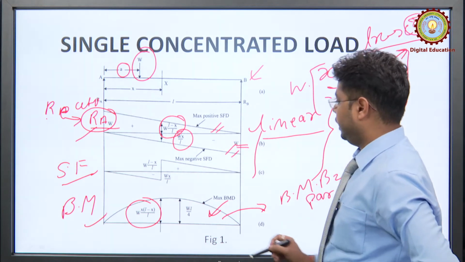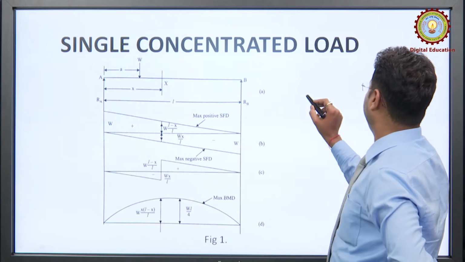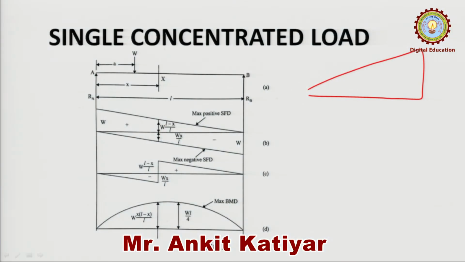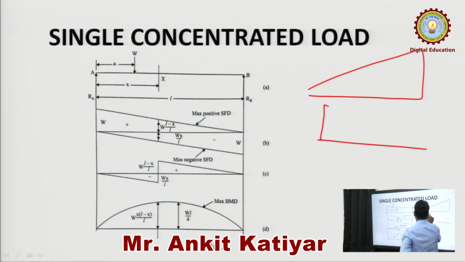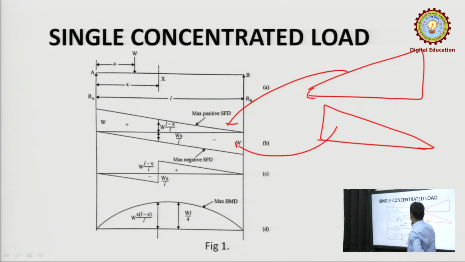We know that last time in the influence line diagram we drew the diagrams for influence line like that. The same variation comes here, but the difference is that in that case we considered a unit load, but here we don't take a unit load.